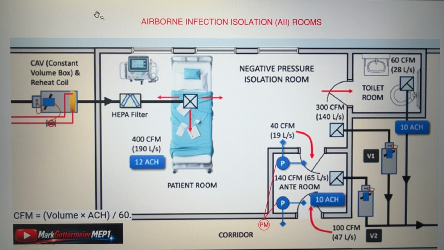Basically, we want to keep whatever infectious disease is in that patient room there and not getting into general population areas or staff corridors, anything like that. We want to keep it isolated to just that patient room.